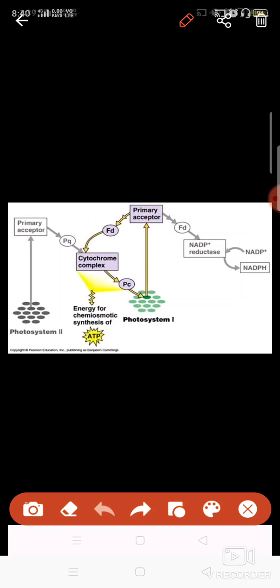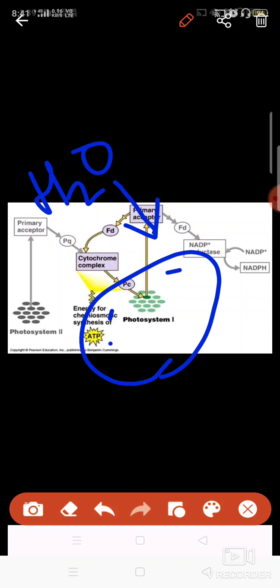When the chlorophyll molecule absorbs the sunlight, what happens? First of all, the water molecules which are coming from the root are present in the stroma of the chloroplast.